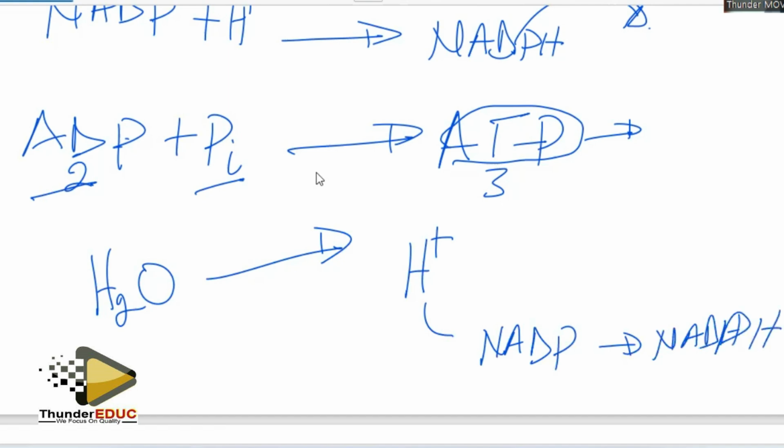And then the second function is phosphorylation, to add ADP to inorganic phosphate, so that there are 3 phosphates instead of 2, hence forming ATP, which is adenosine triphosphate.